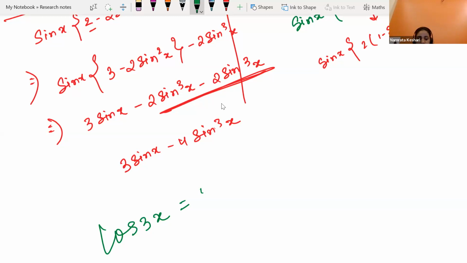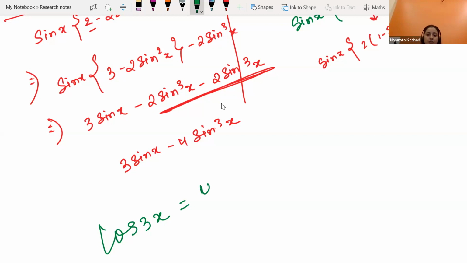Yeah, it is just the reverse way of this one.